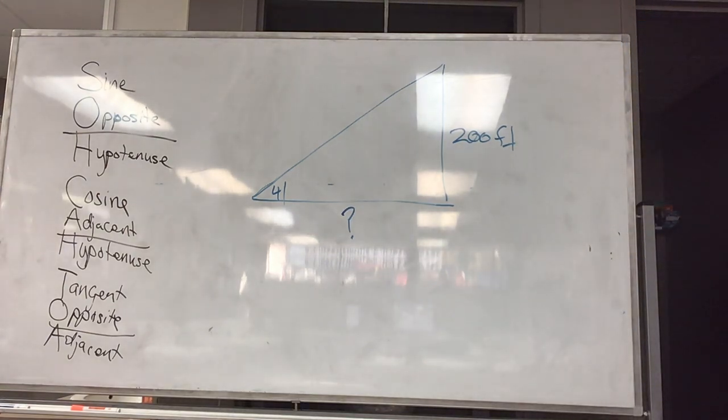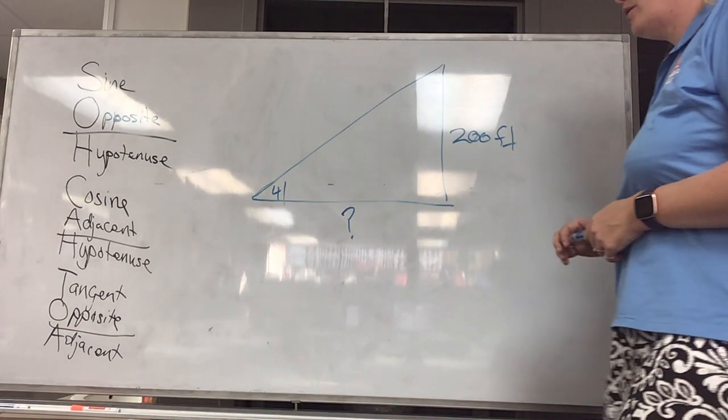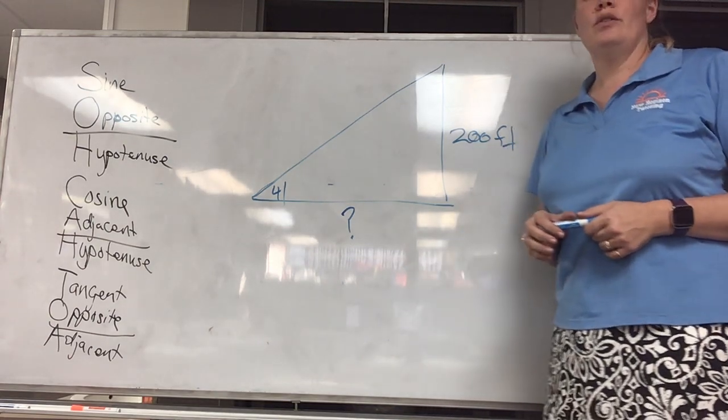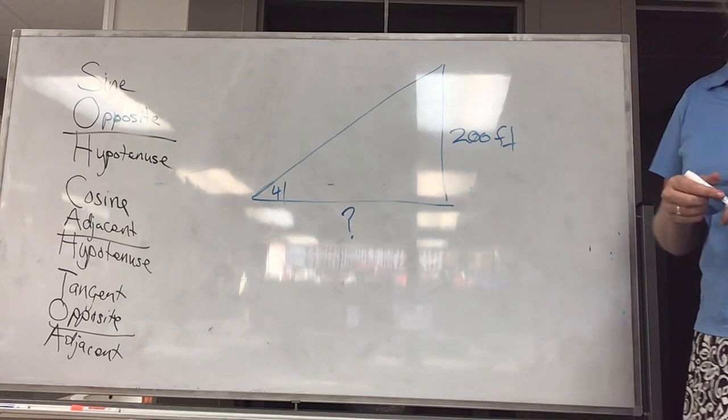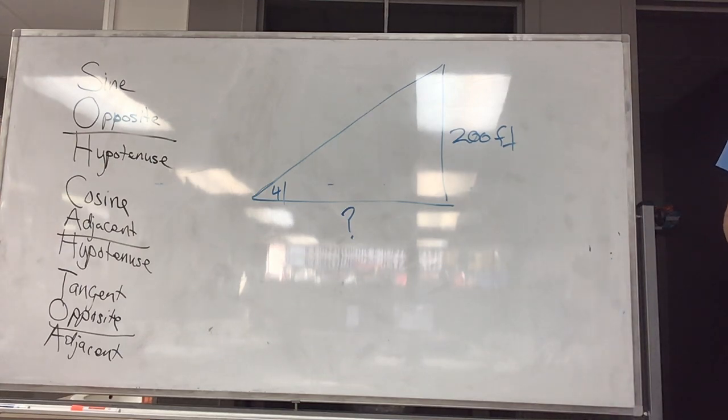Again, this doesn't do the calculator. It leaves your answer in terms of sine, cosine, or tangent. So don't worry about punching it into a calculator, but just with the setup, are we going to be using sine, cosine, or tangent? Tangent.